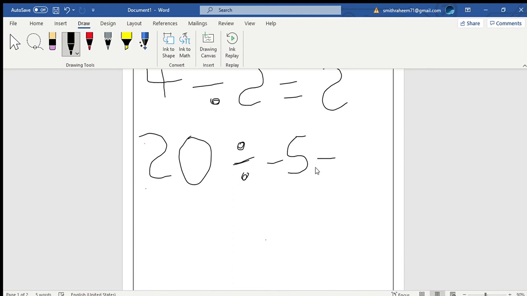So it's a positive 20 and you want to divide it by a negative 5. Your answer will give you a negative 4. If you remember the rules, a positive divided by a negative, your answer will be negative.